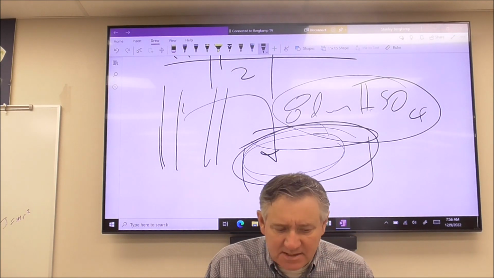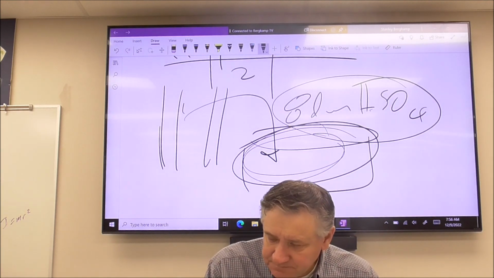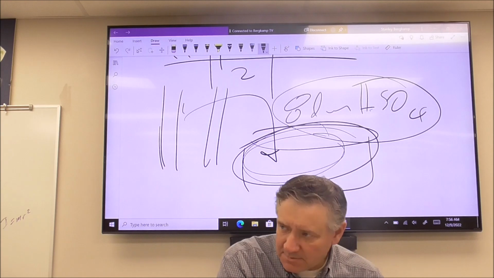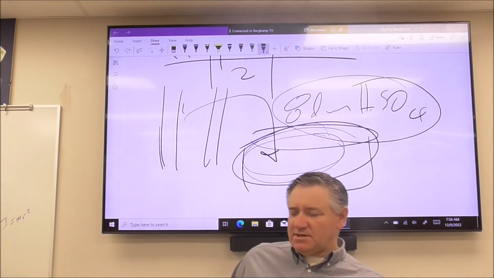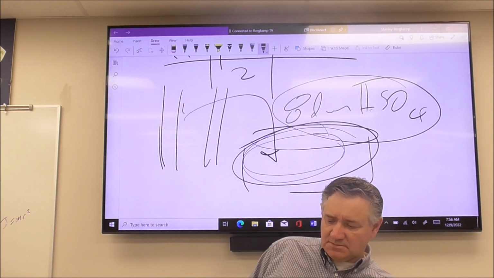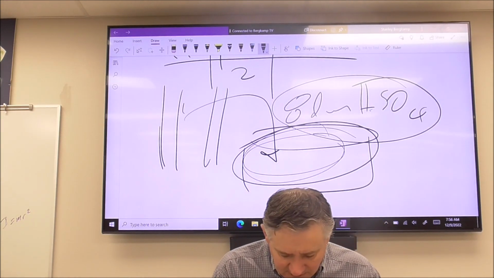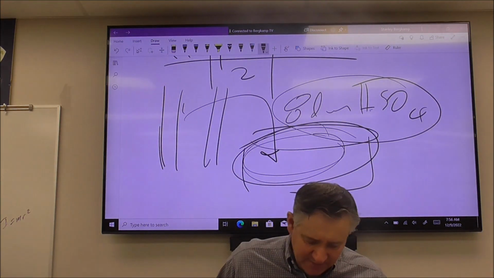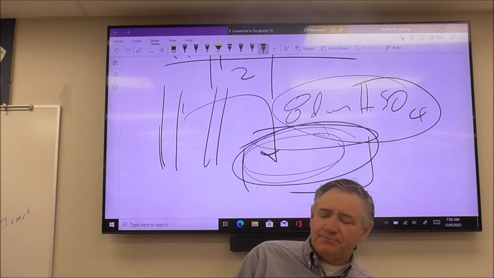Now, when you get to activity 2, this is one that you're going to start today, but we won't finish up until Monday. Okay? So with this one, you're going to have your penny. The reason that it has to be minted after 1984, like for example, here I've got one from this year, 2022, okay?